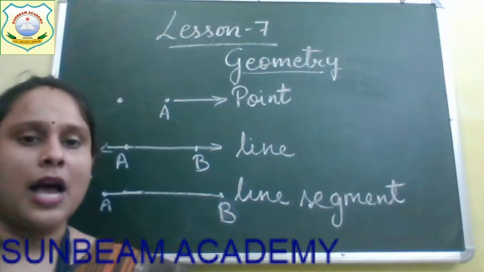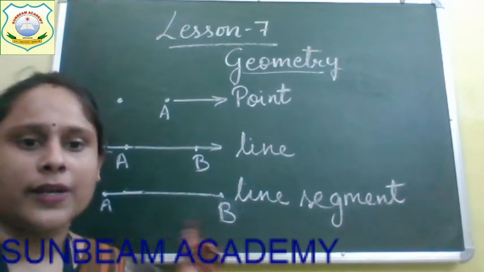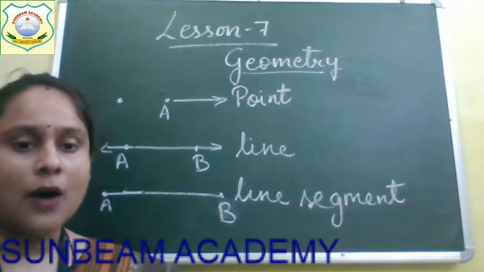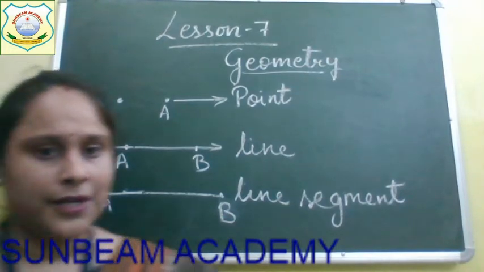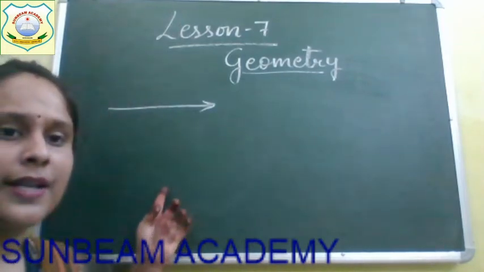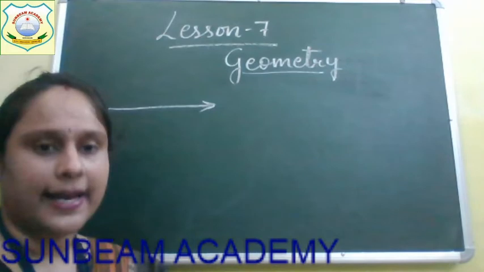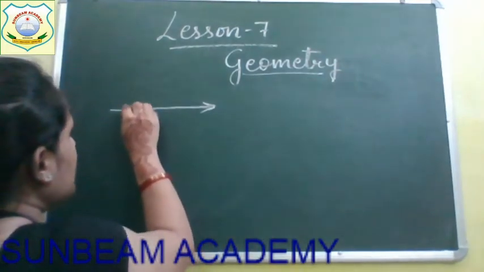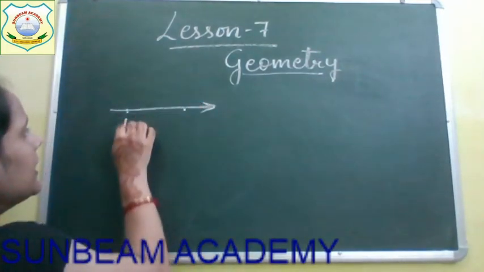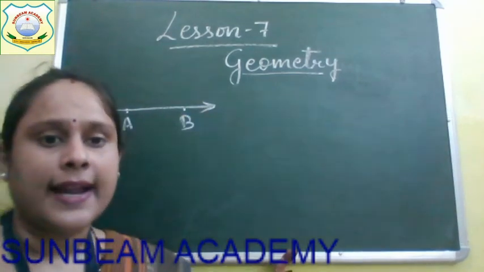Okay, so now you all have understood what is a point, what is a line and what is a line segment. Now I will show you the next figure. Now you can see on the screen that there is an arrow which is going to one side. Okay. So suppose this figure is ray AB.